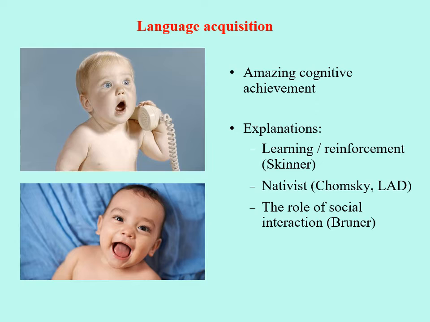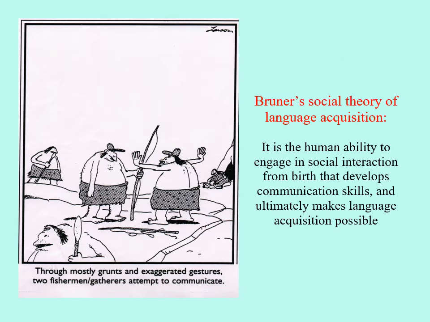So Bruner's point is that by continuously interacting with the world, very young children acquire a sophisticated interactional repertoire, which initially is nonverbal. It simply consists of vocalizations, pointing, and so on. But once the ability to use language emerges, language simply takes the place of the earlier pre-existing communication capabilities.